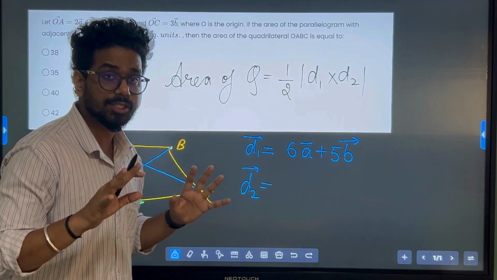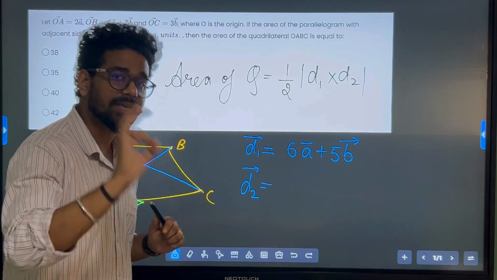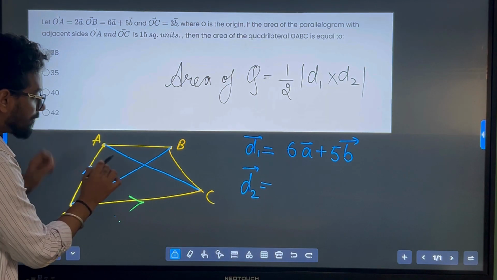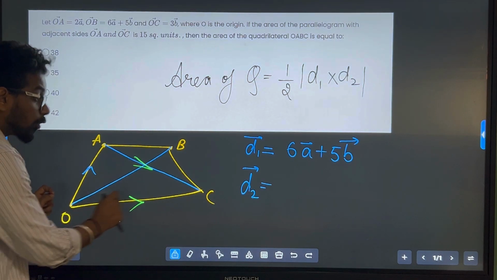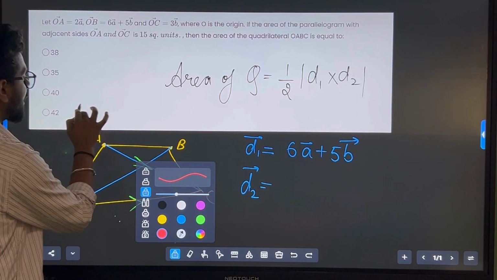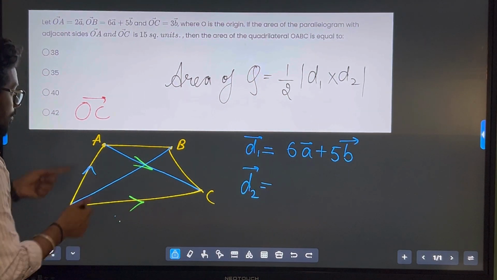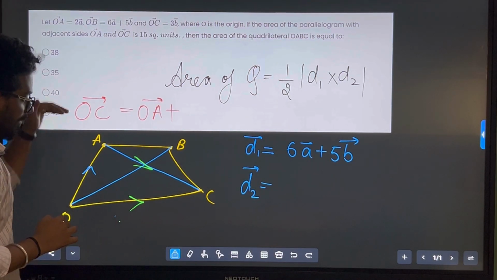In one word I can explain, vector addition is a net displacement. If I go from O to A and then from A to C, then net I have been displaced from O to C. That means we can say OC vector is the net displacement if I go from O to A and then from A to C.